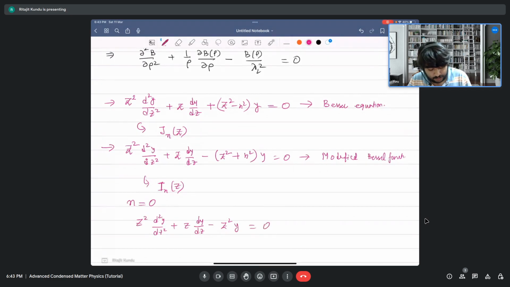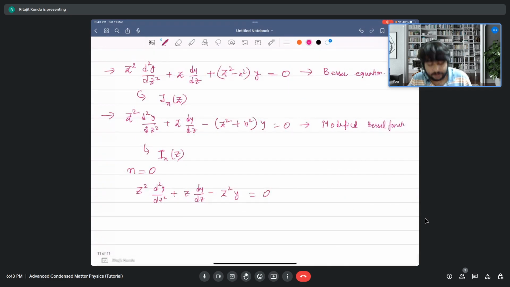Now let's divide the full thing by z square. The solution of this equation is the modified Bessel function of 0th order, with inside just the z.